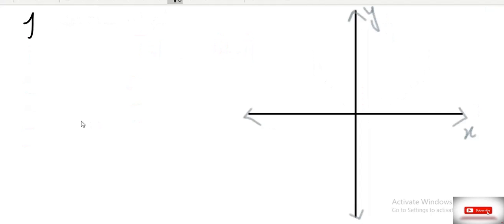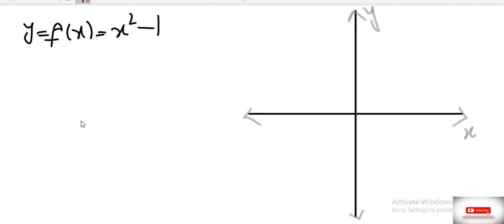Now let's draw a graph for another function. Let's suppose we have y = f(x) = x squared minus 1. This is also an interesting function, so let's see how we can draw its graph. When x = 0, then 0 minus 1 is equal to -1.